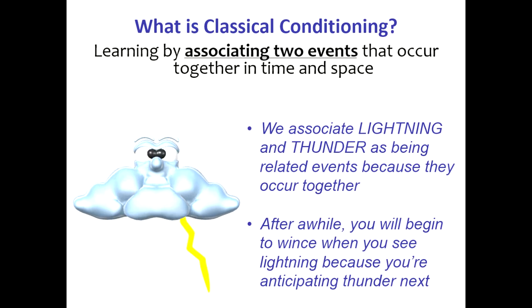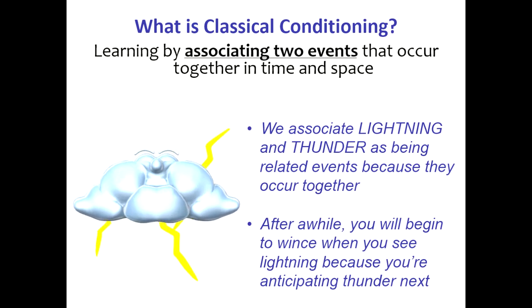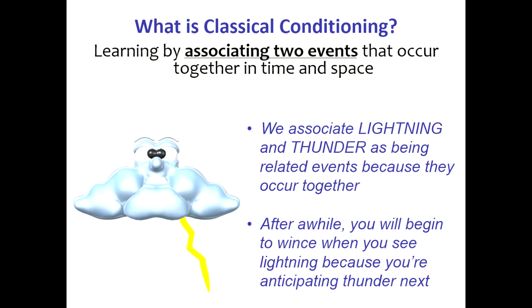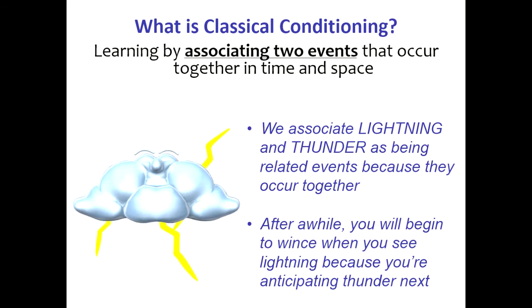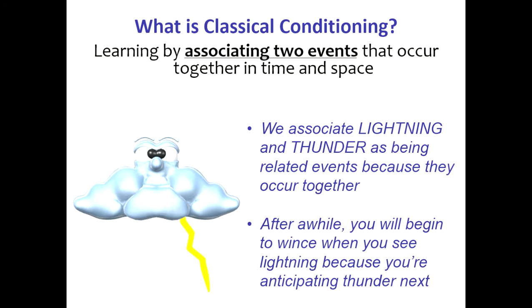We associate one with the other. But we also know that lightning comes before thunder. And sometimes you will react to the lightning as if you heard thunder because you're anticipating the thunder which comes after the lightning. That's one brief example of classical conditioning.